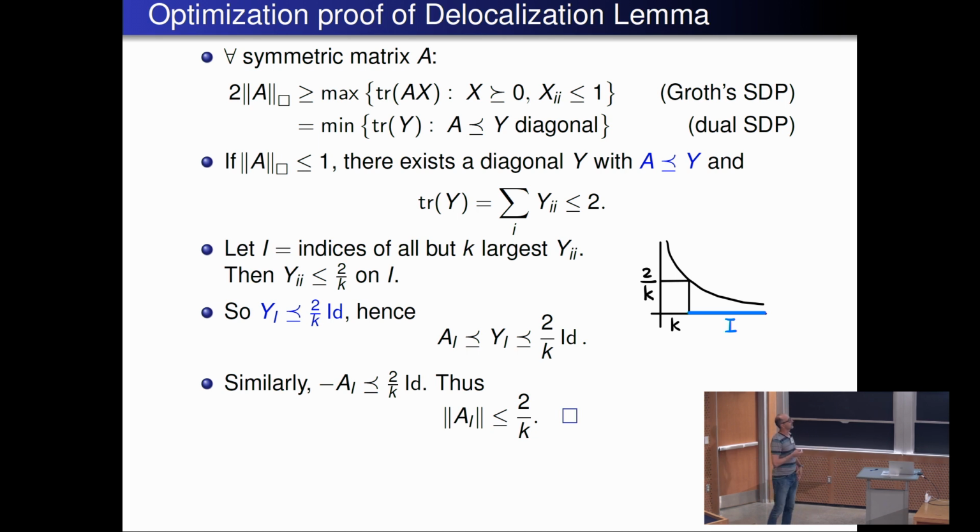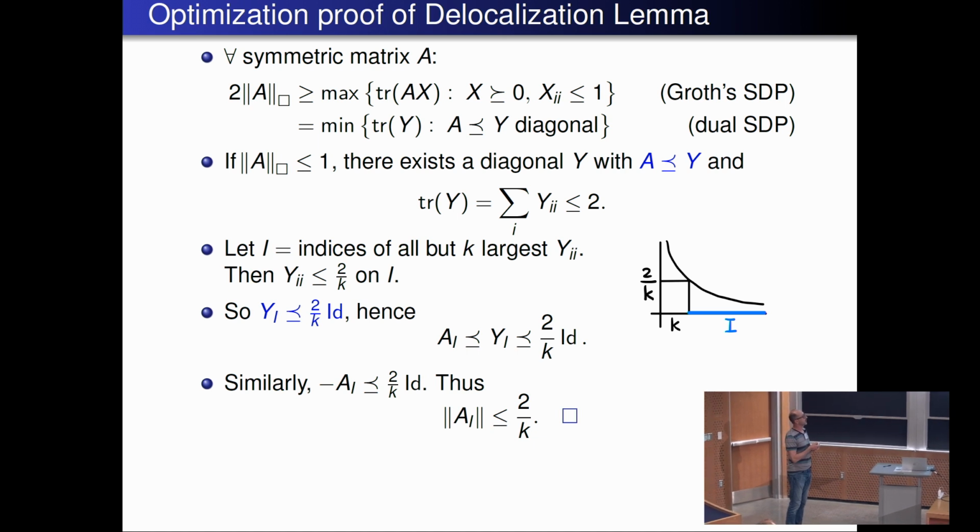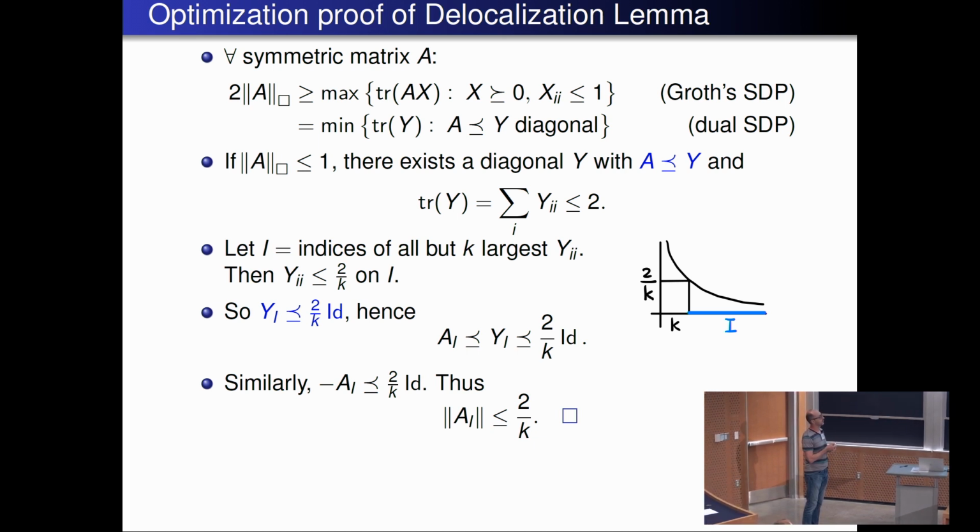Okay. So let's prove delocalization. Suppose the cut norm is bounded, let's say by 1. So if it's bounded by 1, then from here, this is bounded by 2. That means that, because of the minimum, there exists a diagonal matrix dominating A whose trace is at most 2. It's diagonal, so the trace is this sum, and it's less than 2.